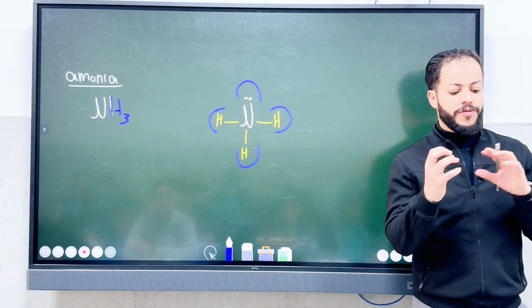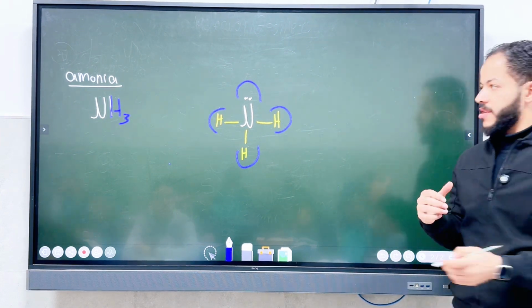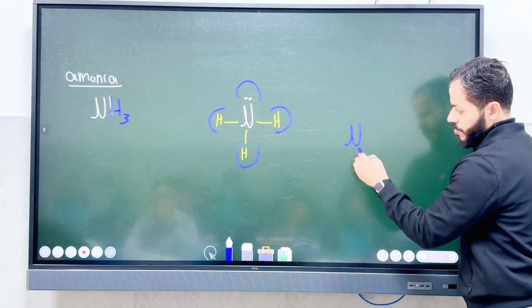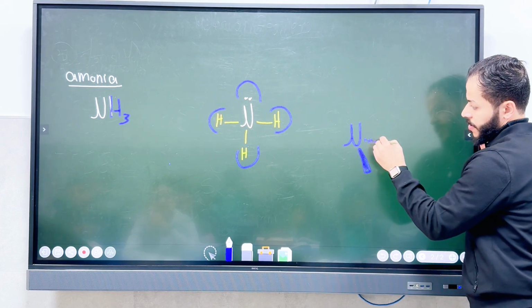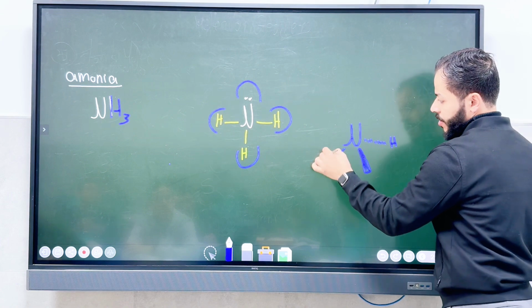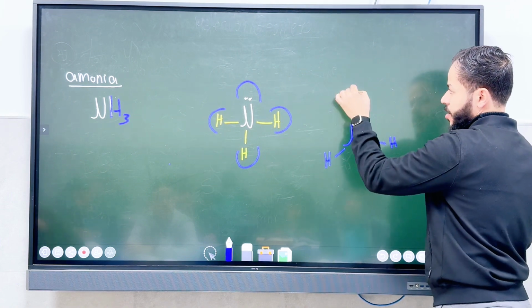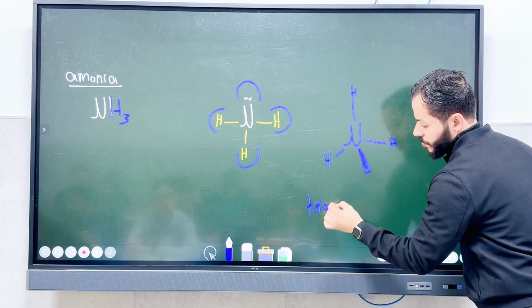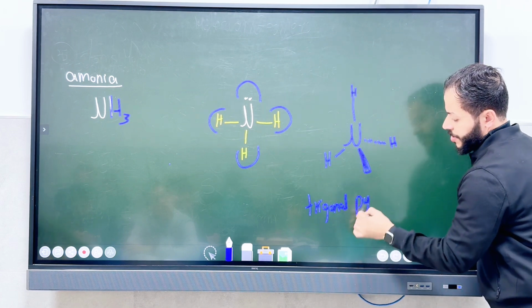The atoms take a specific shape, and the atoms also look like this: one atom towards you, one in the back, one in that direction, one in that direction, and we name this trigonal pyramidal.